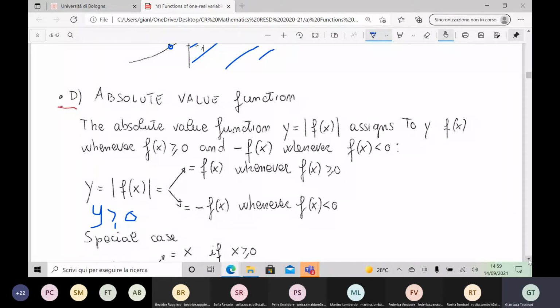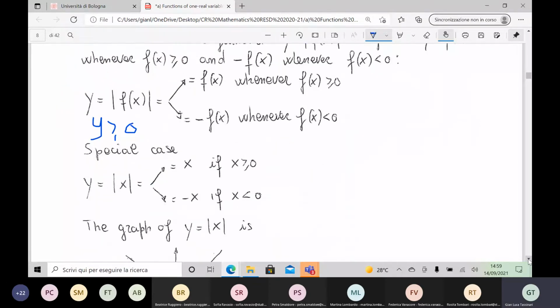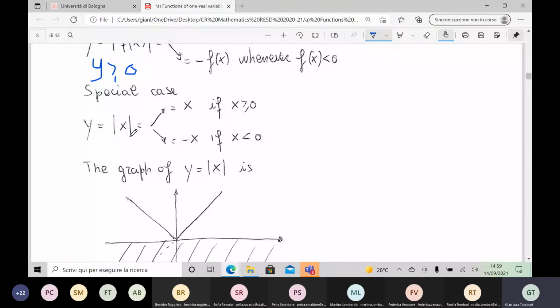Y equal to absolute value of x, a special case in which f of x is x. So apply the definition. The absolute value tells you that y is equal to x whenever x is positive, or non-negative, when x is greater or equal than 0.